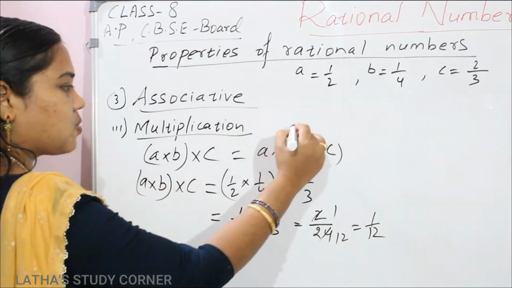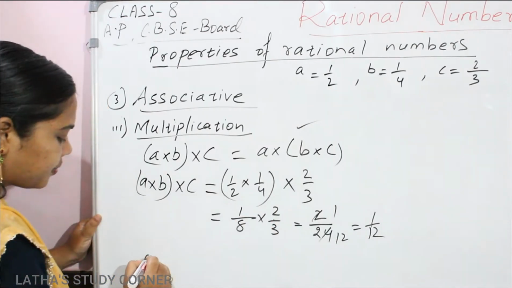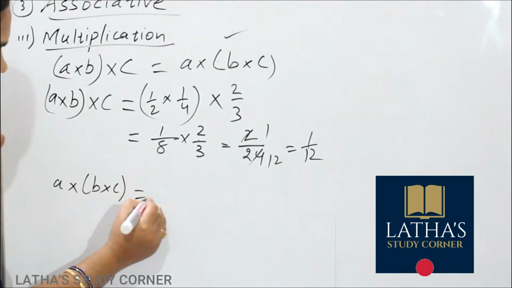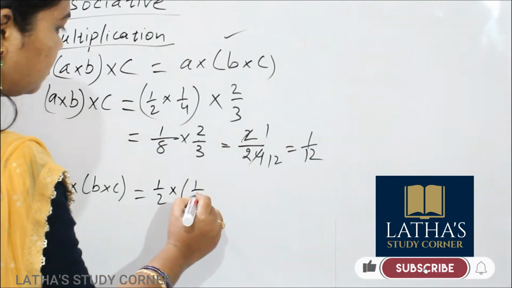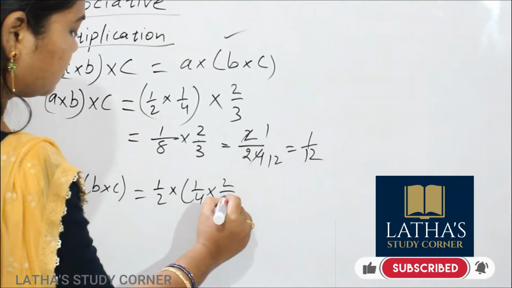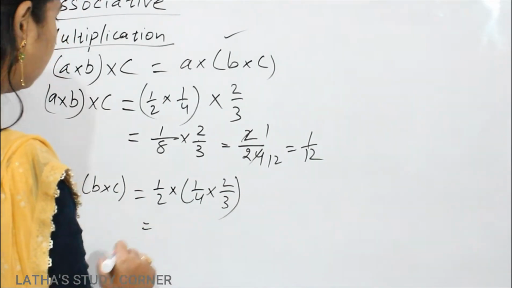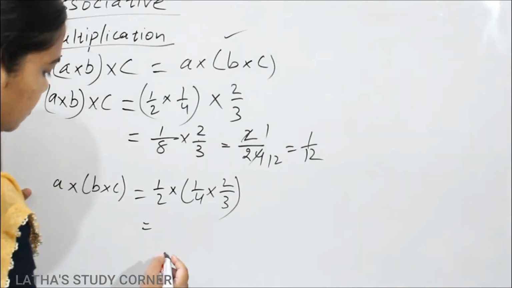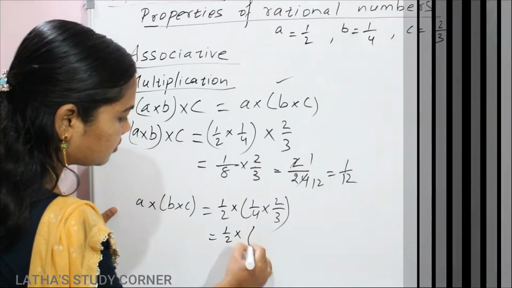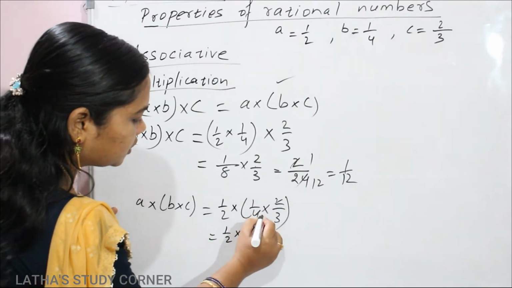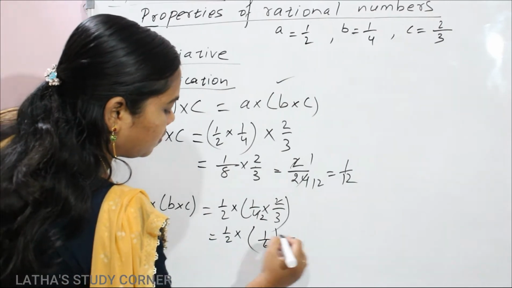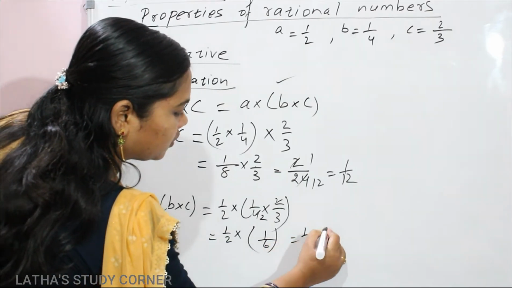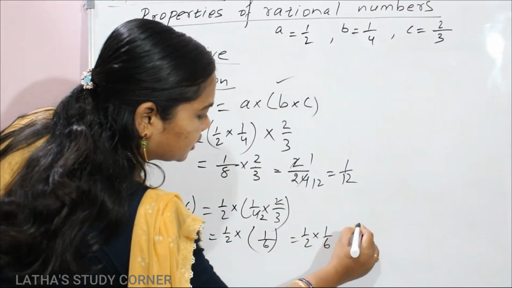Now next is what? RHS we will check. So 2 one's are 2, 2 twos are 4, it is 1 by 6. So 1 by 2 into 1 by 6, that is 1 by 12.